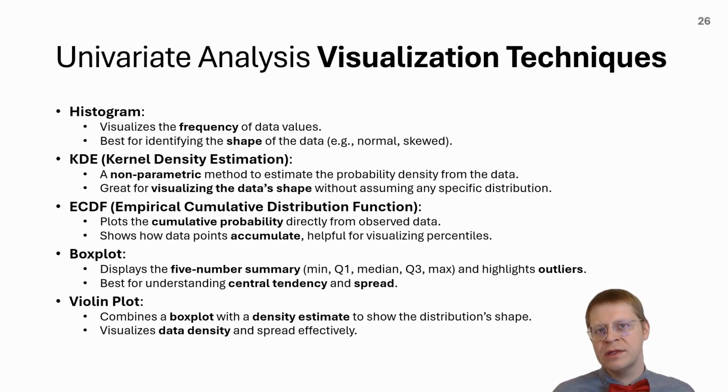Box plots summarize key statistics and highlight outliers. And violin plots provide a dual view of statistical summary and data density. Each method serves a unique purpose, and when used together, they offer a complete picture of your data.